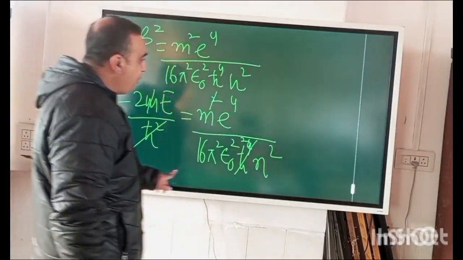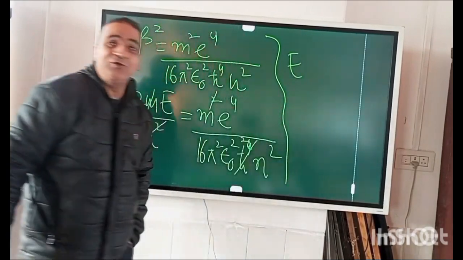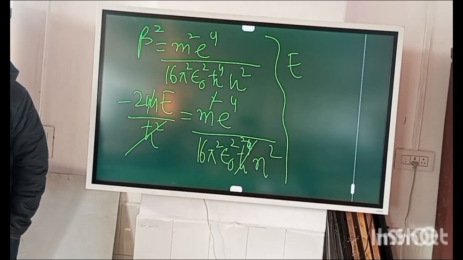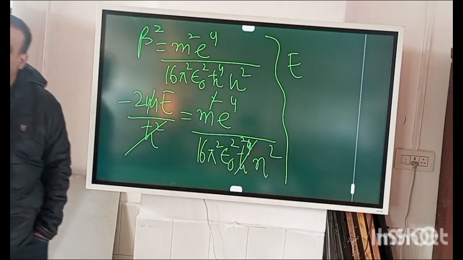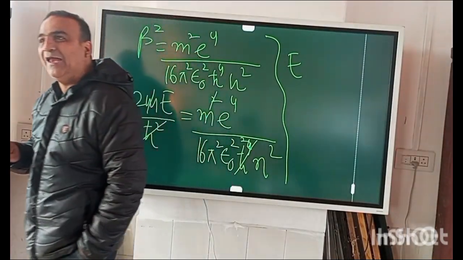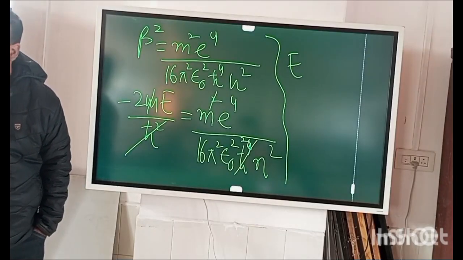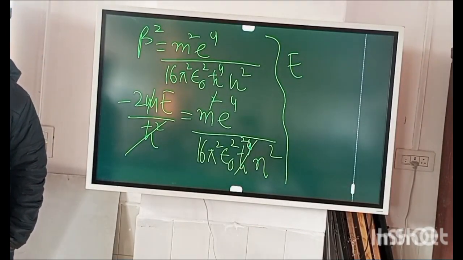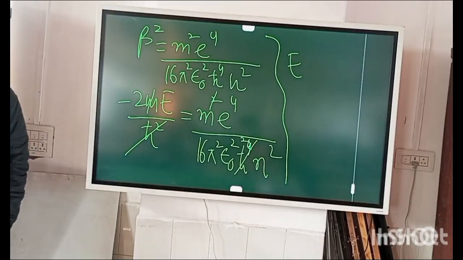So what we got is the energy that was predicted by Niels Bohr by postulating that the orbital angular momentum of the electron must be equal to an integral multiple of h by 2 pi. Bohr had to start with an argument, but here you are naturally obtaining the Bohr condition of quantization of energy.